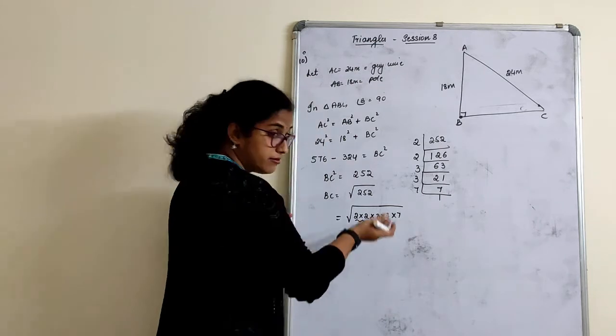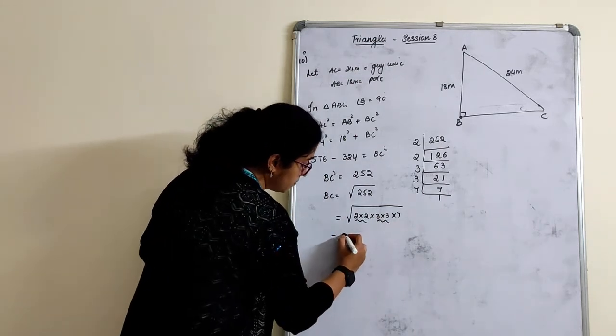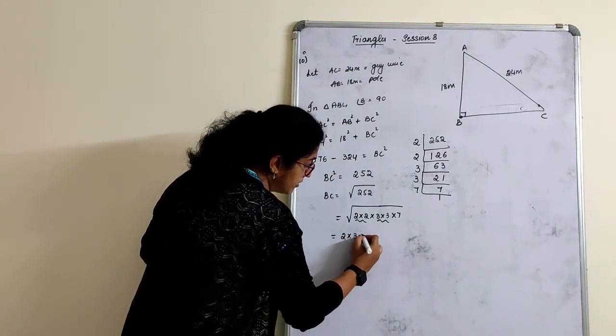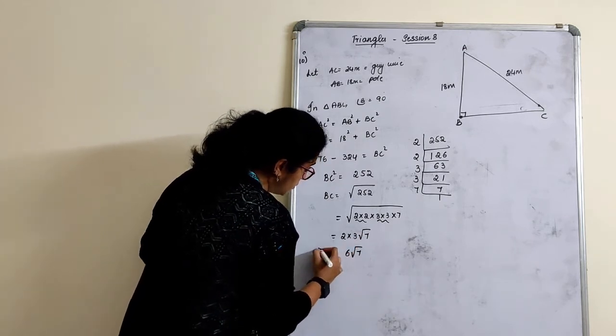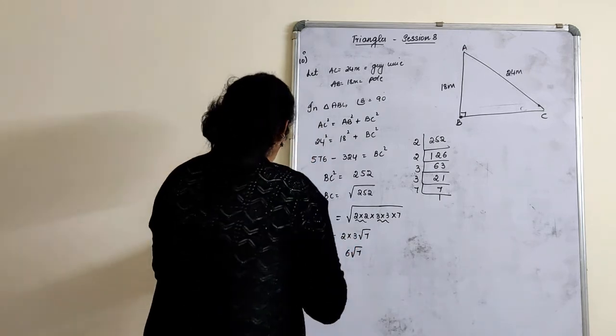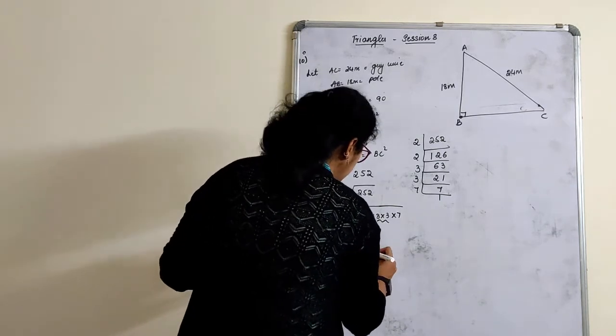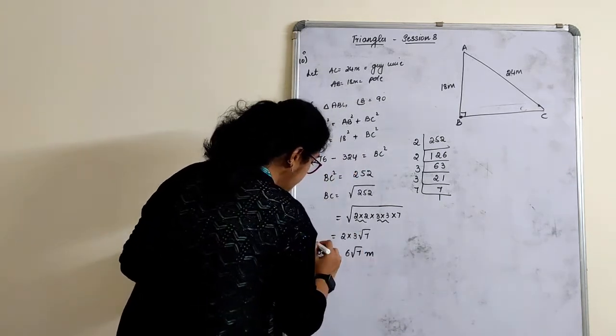A pair and a pair can come out. 2 into 3, root 7. 6 root 7. So BC is equal to 6 root 7 in terms of meter.